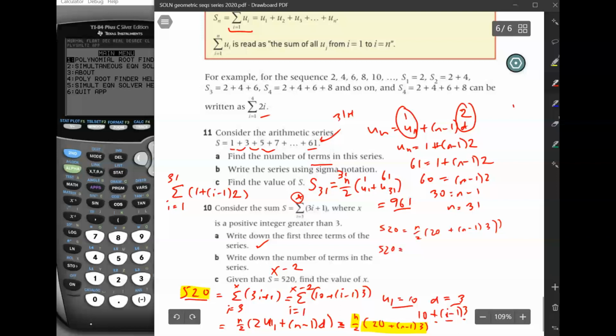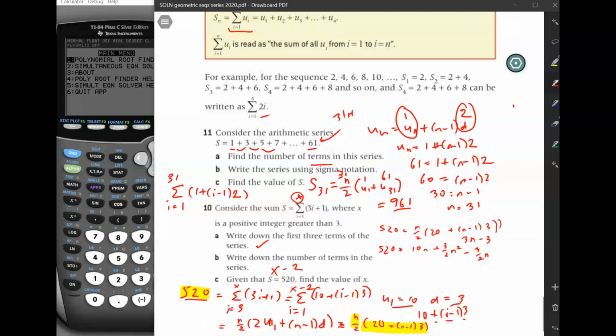520 equals n times 2 times 20 over 2, which is 10n. This would become 3n minus 3, right? And if I multiply that times n over 2, I would get 3/2 n, sorry, 3/2 n squared minus 3/2 n.